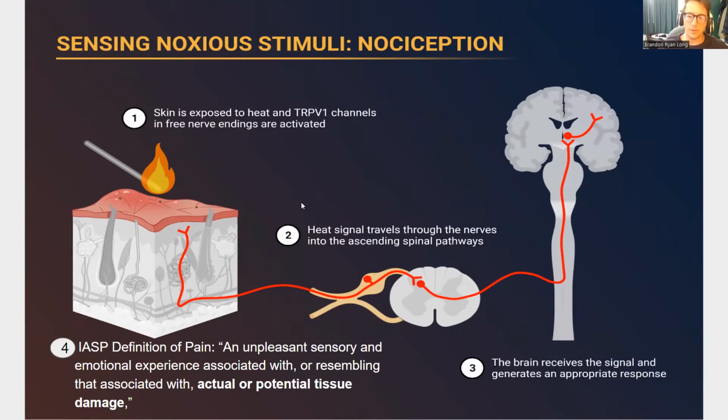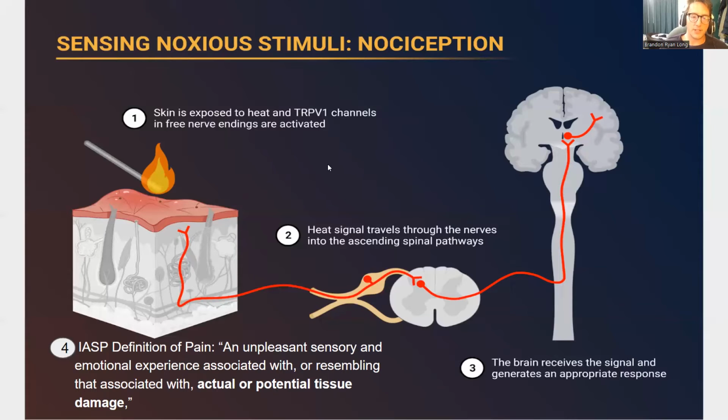So this is a nice little demonstration of how you have these peripheral inputs coming in of some kind of noxious stimuli, and this goes up into the brainstem, lower brain, and then eventually the cortical regions. And the IASP, the International Association for the Study of Pain, has put a pretty robust definition on the table to help guide our discussion of pain.